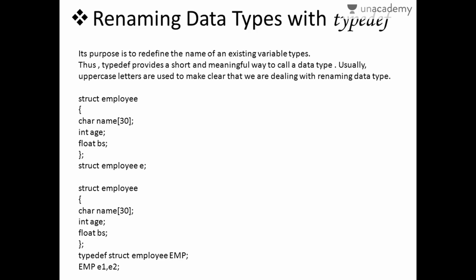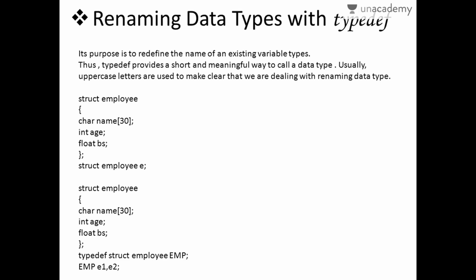When you come to renaming type definitions, for example, if I want one data type to be in another format, I either have to change it during the declaration itself, but I cannot do it whenever I need within the program. But with the help of typedef, that can be done anywhere in the program, and it also helps us use those variables with this data type as per our requirement.